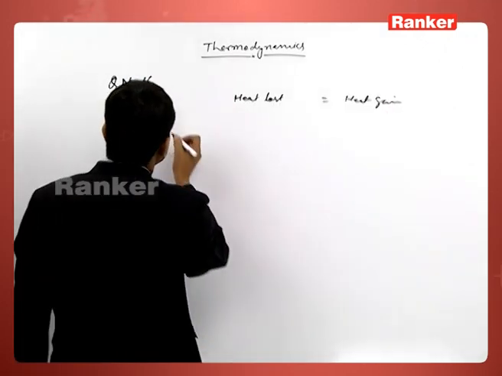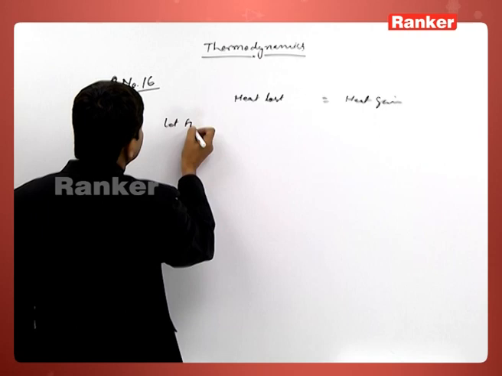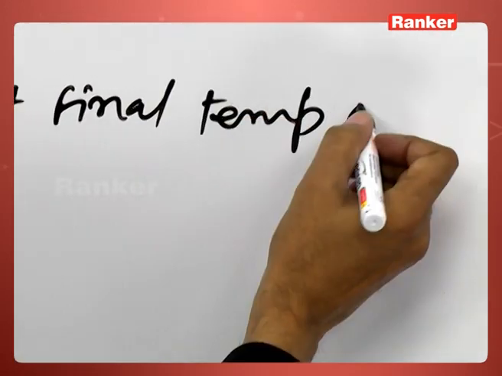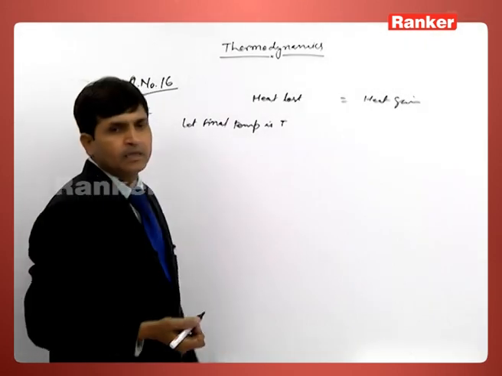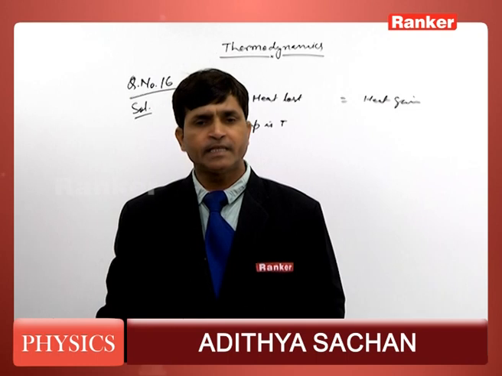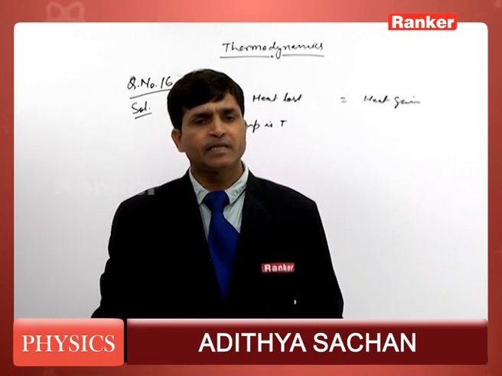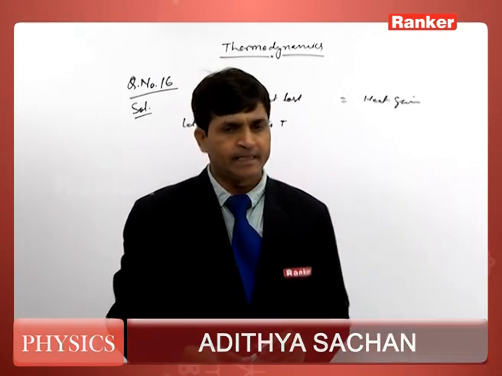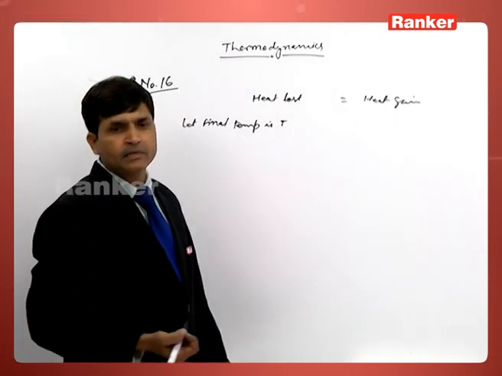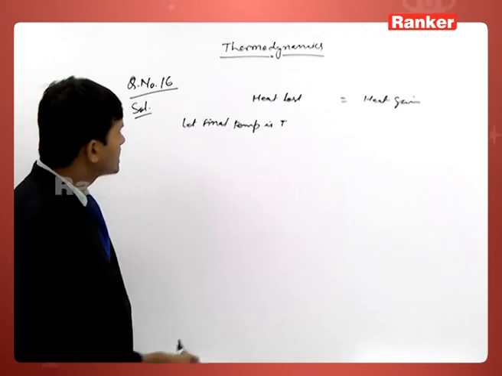Let the final temperature be T. Since the higher temperature gas will lose heat and the lower temperature gas will gain heat. So heat lost, and both of the gases are monoatomic gases.